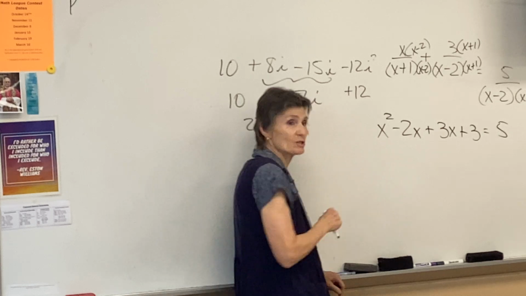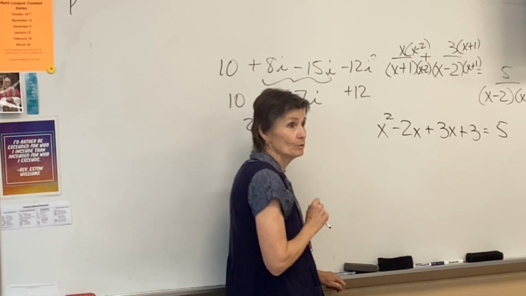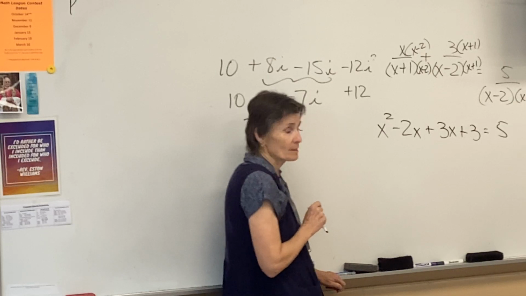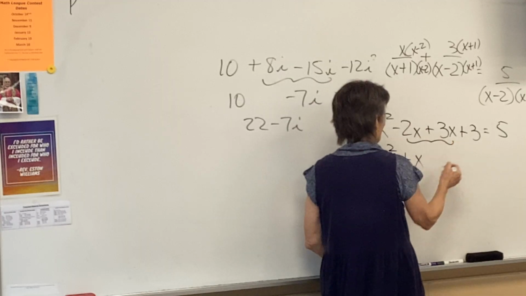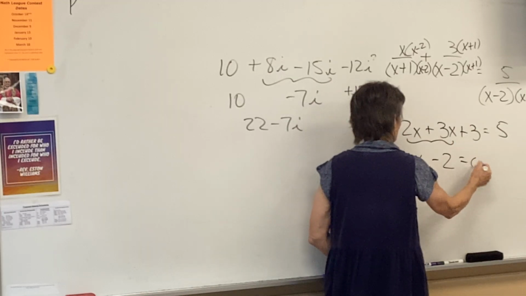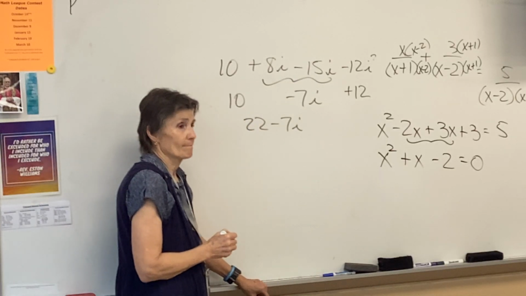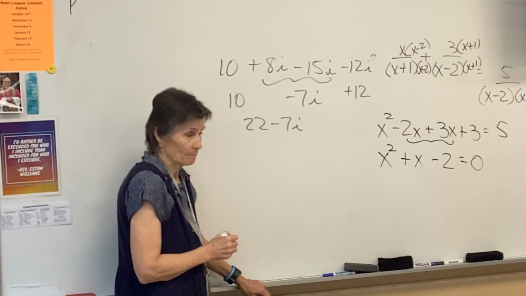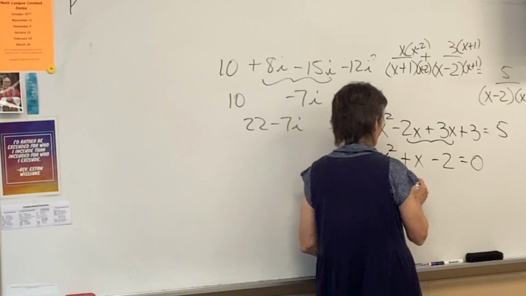Because since we've got a squared in our equation, we need to get it set equal to 0, because we're probably gonna factor it. So I'm gonna add these two together and minus the 5. Right? Now what? Now I'll factor it.